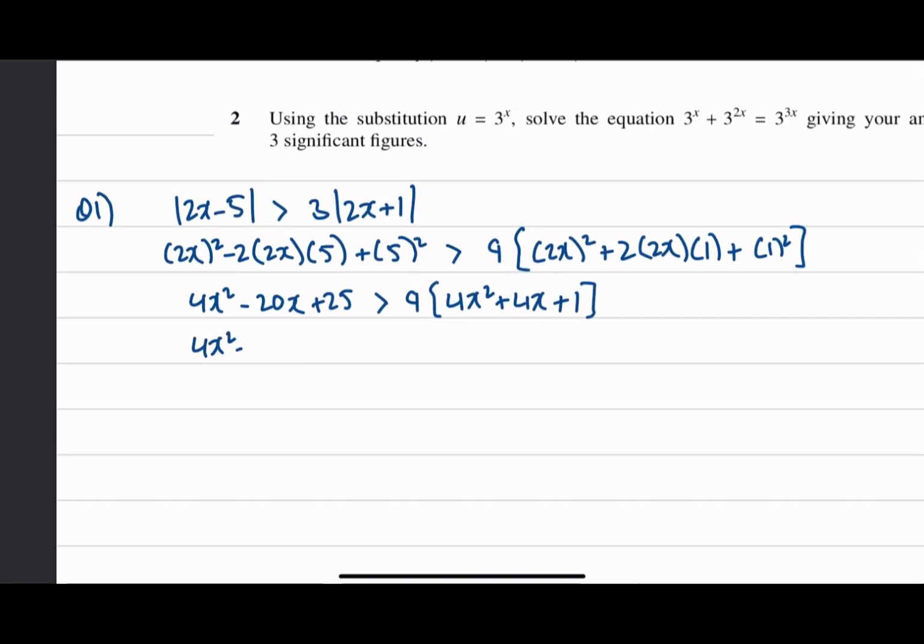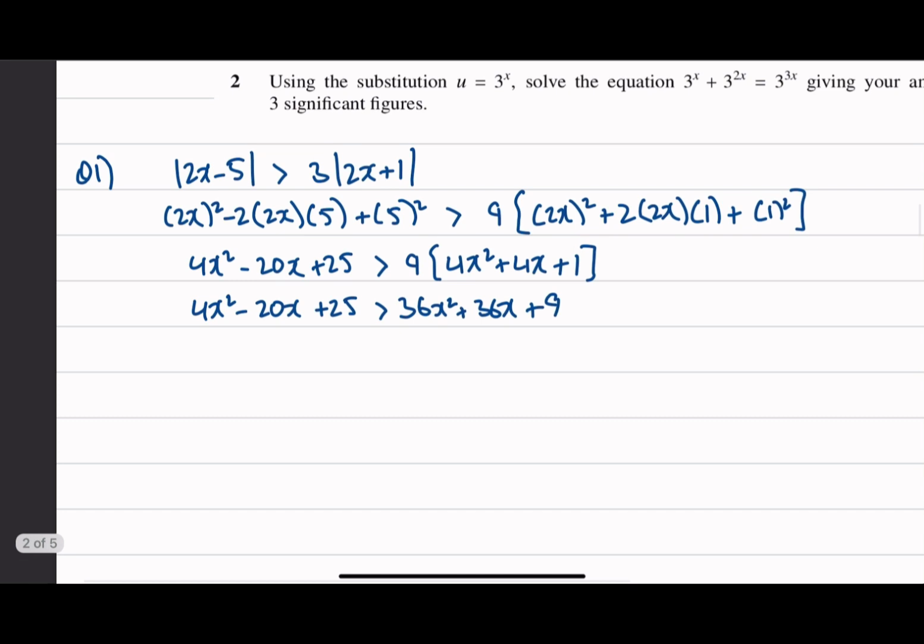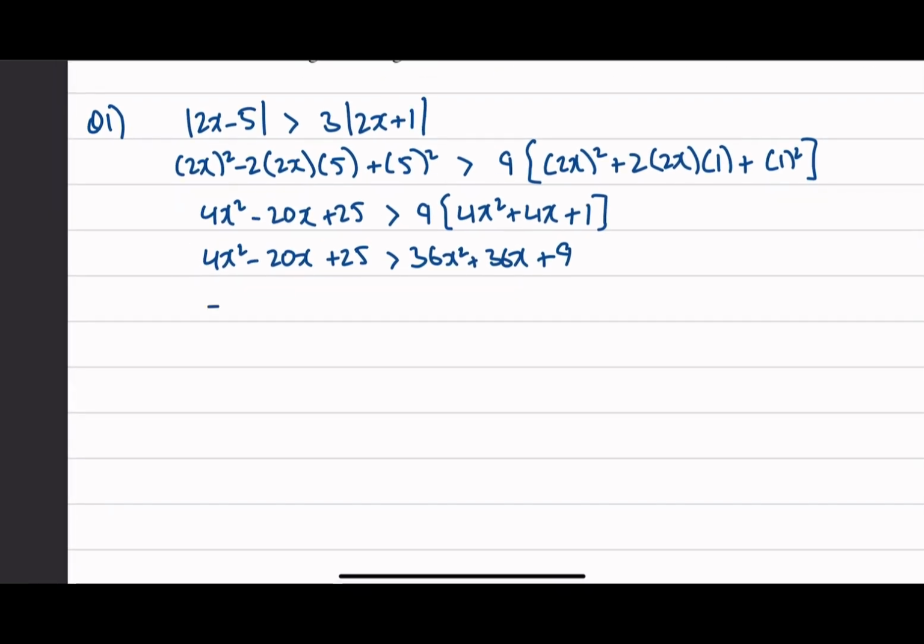Further simplification: it is greater than 36x squared plus 36x plus 9. Bring this all over to the left side to solve the inequality, so that minus 32x squared minus 56x plus 16 is greater than 0.